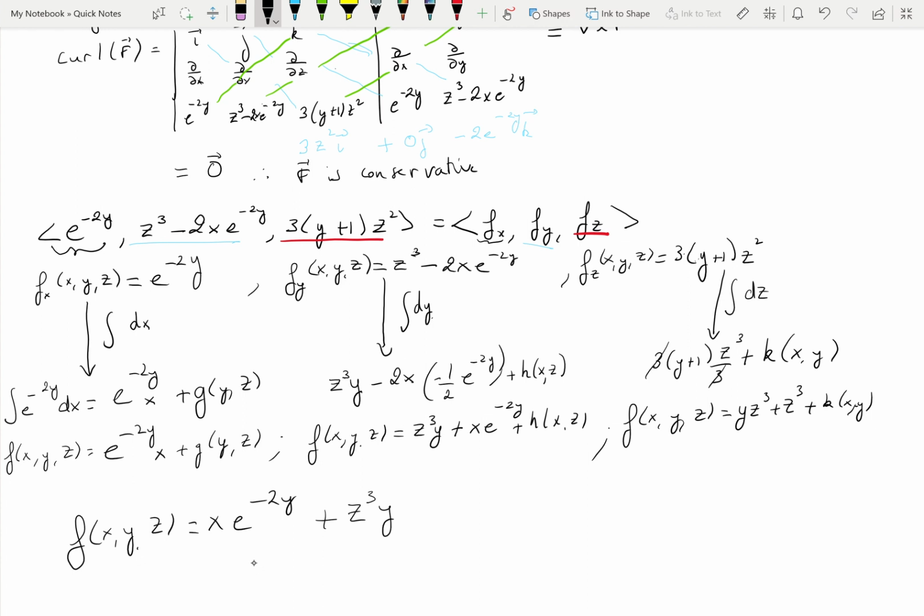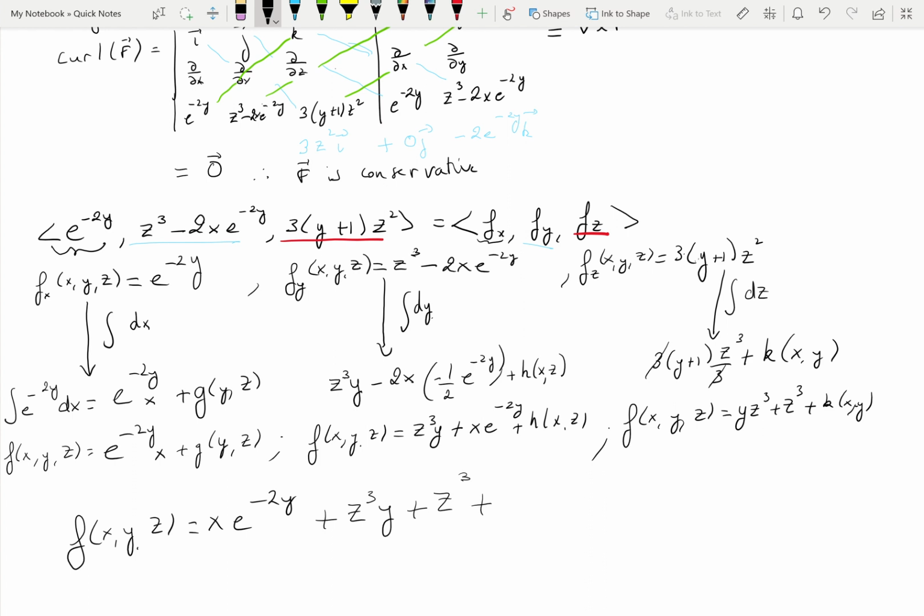I could see that part of the object z cubed y, so I don't need to rewrite it. But the z cubed here is solely a function of z. So if I look from the x and from the y direction, I could not see it. So I need to add it to my potential function.